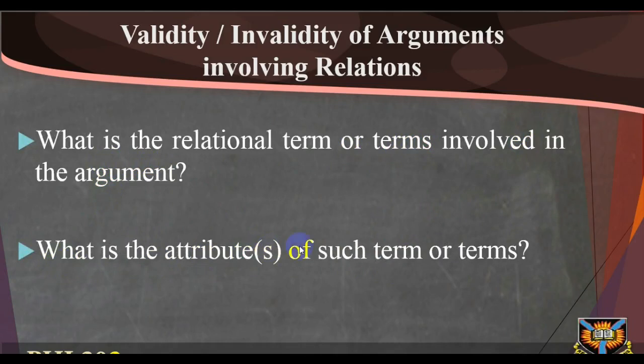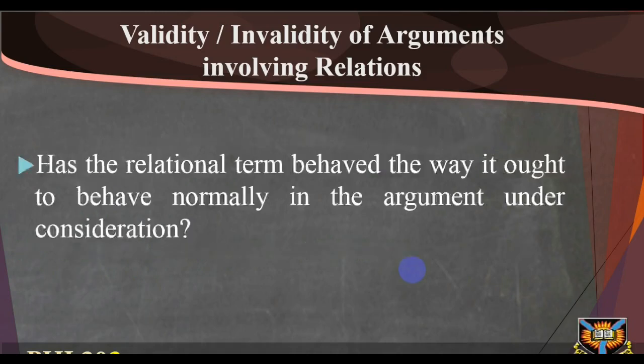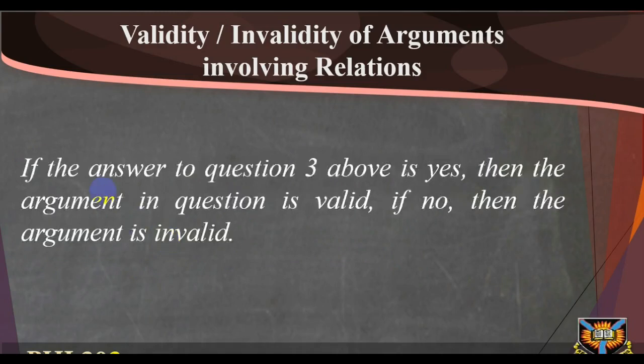What is the attribute or attributes of such term or terms? 3. Has the relational term behaved the way it ought to behave normally in the argument under consideration? If the answer to question 3 above is yes, then the argument in question is valid. If no, then the argument is invalid.